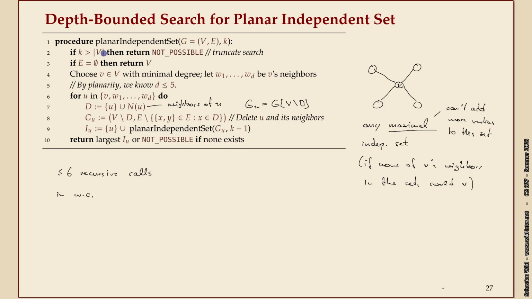Is there a base case for k equals 0? How do we stop if k gets smaller and smaller? I guess it has to be that the graph gets too small and then we can't continue.